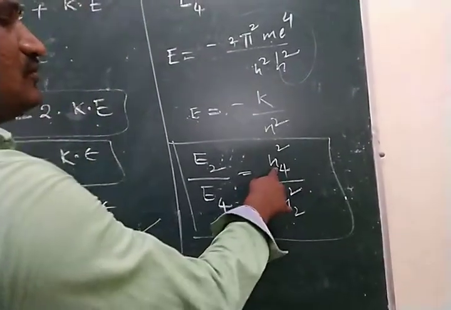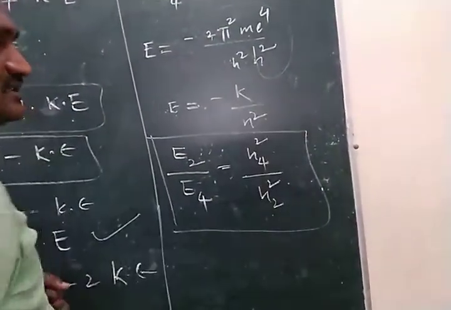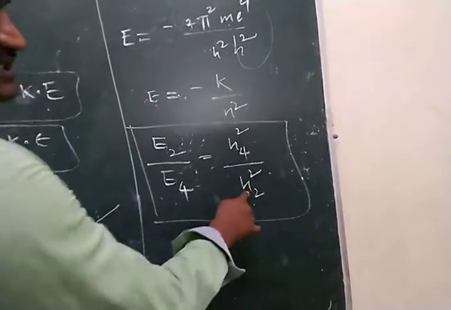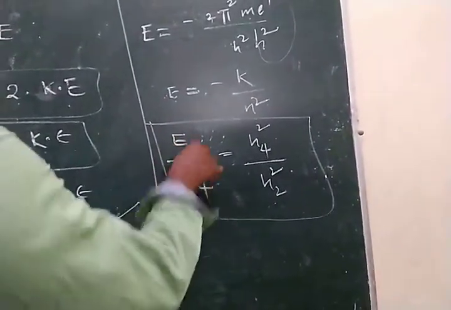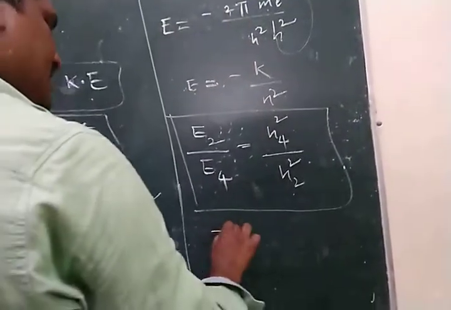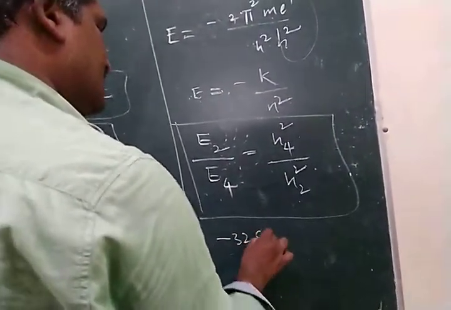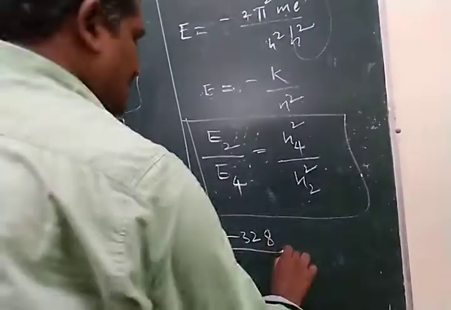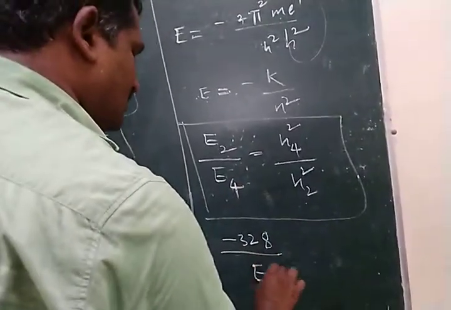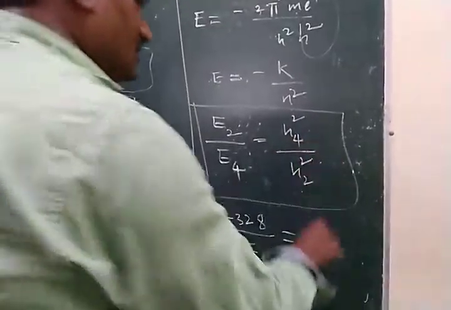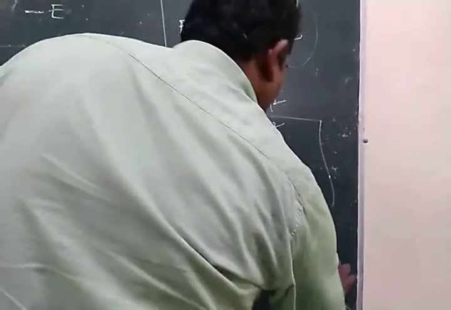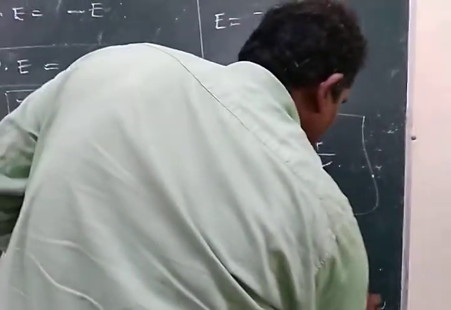Now, second orbit energy they have given as minus 328 kilojoules, and the energy of fourth orbit we have to calculate, which is E4 by E2 equal to 4 square by 2 square.